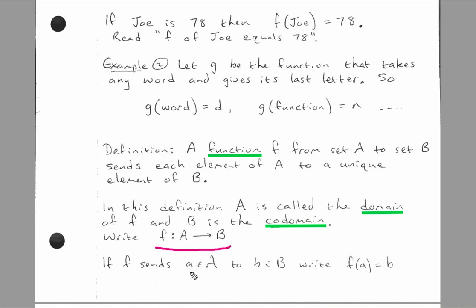Then specifically, if you take an element little a in big A and little b in big B, then f sending a to b looks like this. So we say f of a equals b.